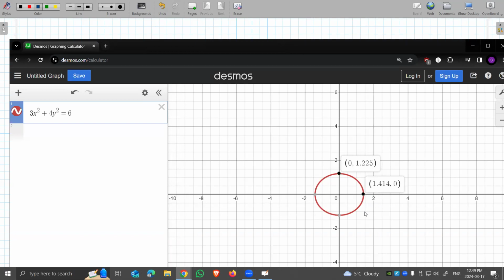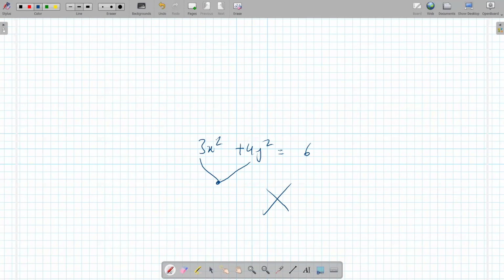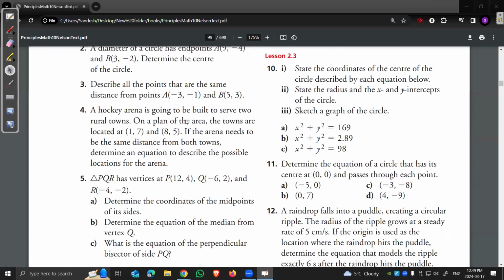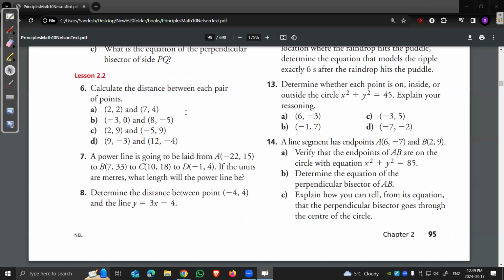For a circle, the radius always has to be the same. Here, the radius is different. So this is like an ellipse, like an egg, like the Earth, where one point is shorter than the other. So for a circle, those coefficients always must be exactly the same.